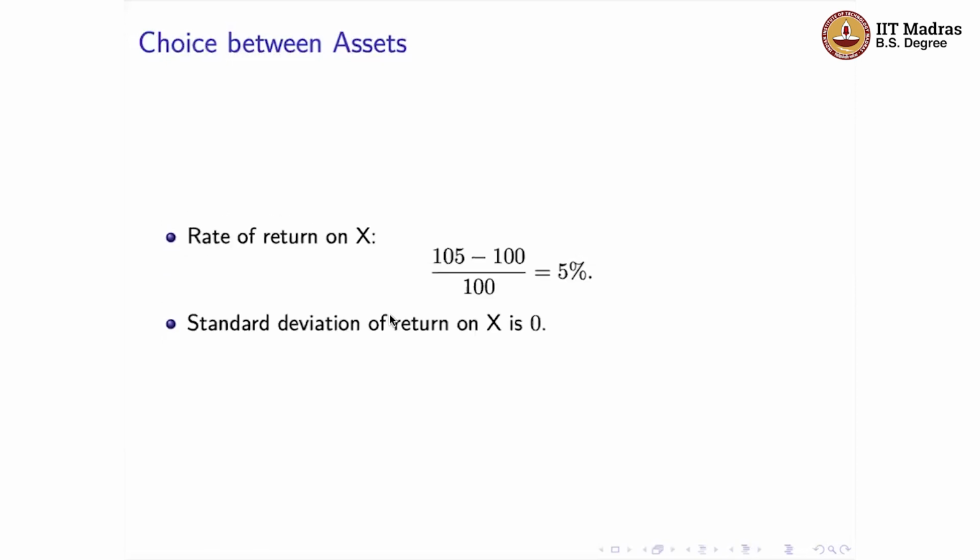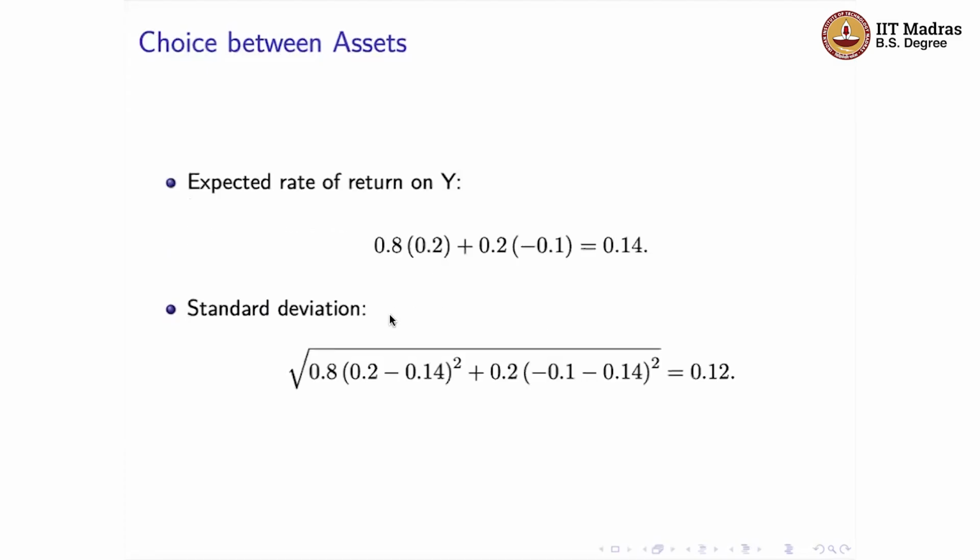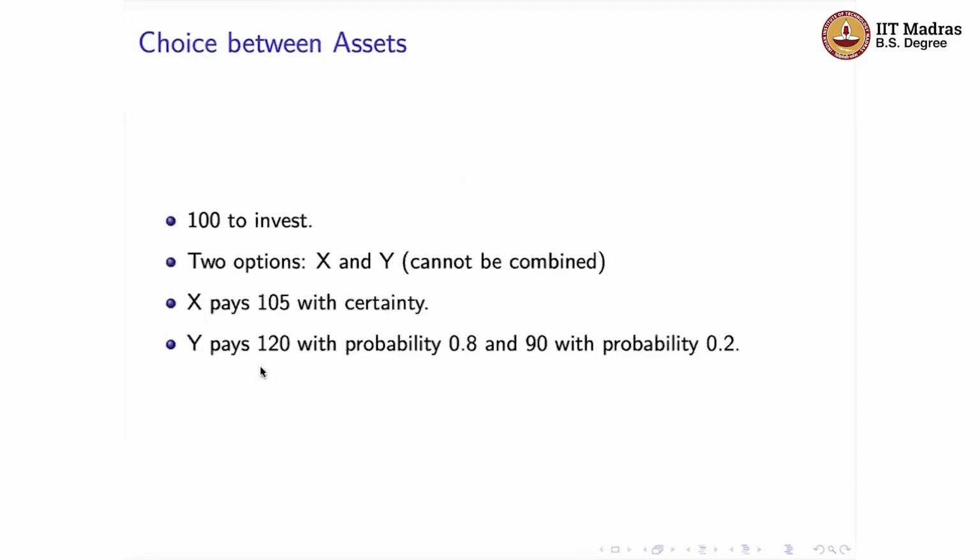What about asset Y? We can calculate the expected rate of return on Y. It's the weighted average of the two rates of return. In the state where it pays off 120, the rate of return is 20%. And in the state in which it pays off 90, the rate of return is negative 10%.